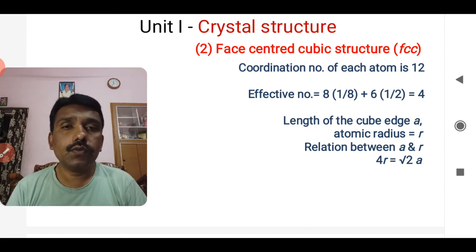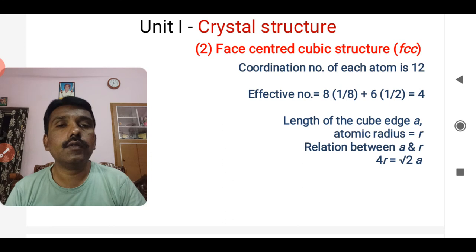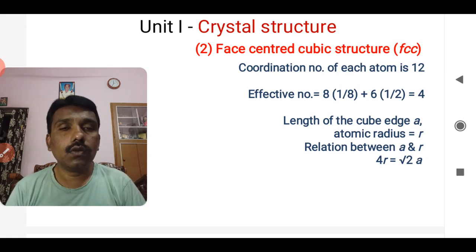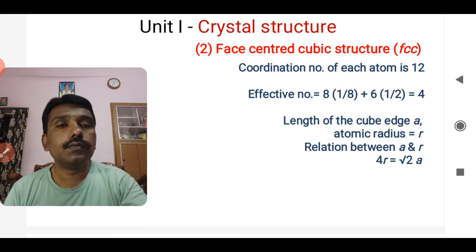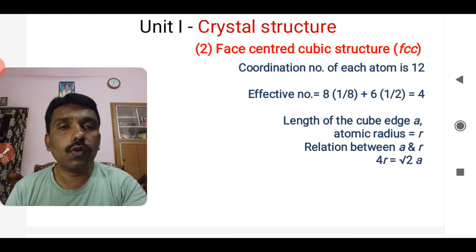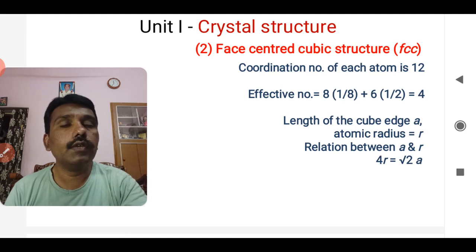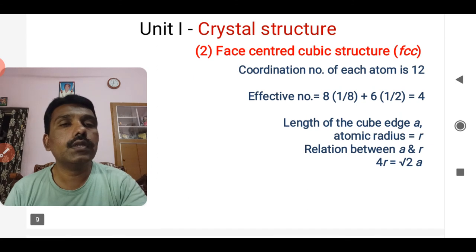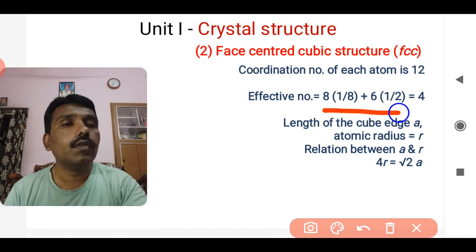As far as the effective number, if I want to calculate it, all the atoms are on the corners, so in that case the unit gives you 1, plus the 6 atoms, which are each divided in half. So the effective number will be 1 plus 3, which is 4.